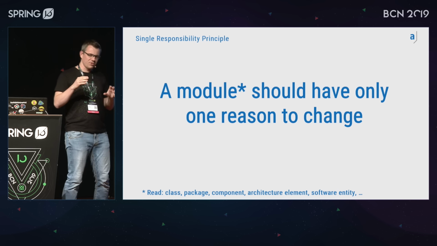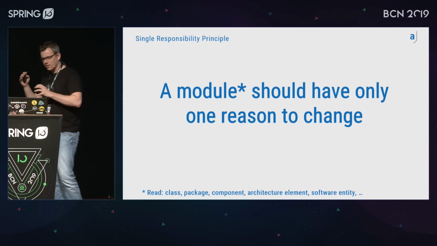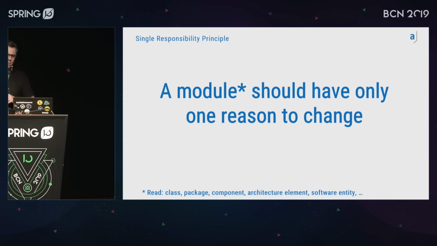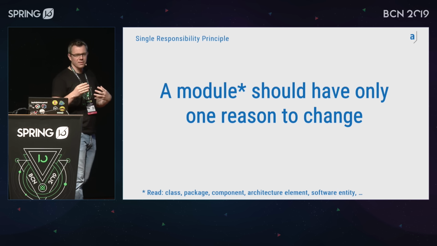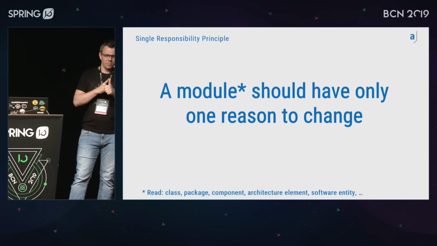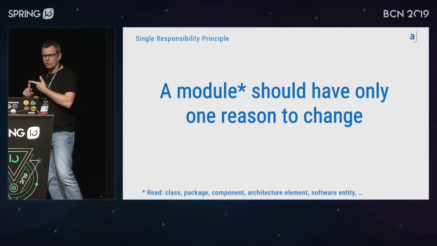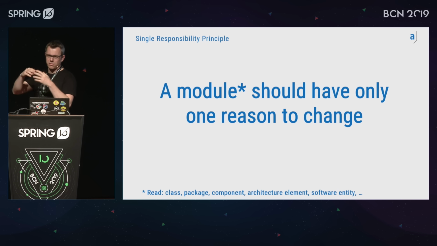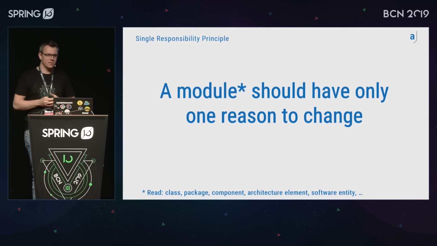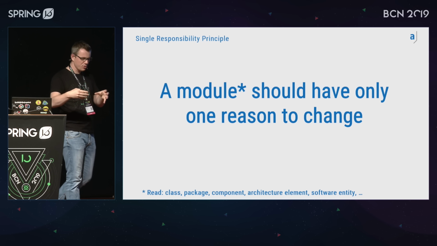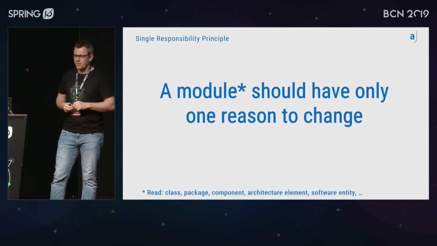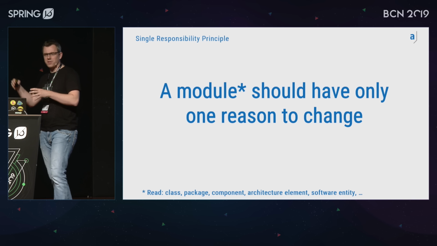It's a slight difference, but a meaningful one, because if a module or class does one thing, but has multiple reasons to change, because different requirements produce a change in it, then it's going to change all the time.